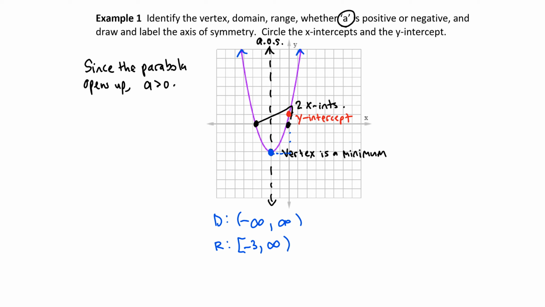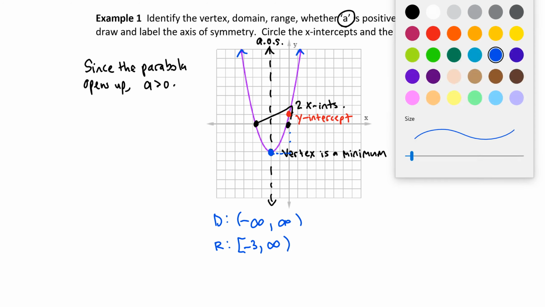One more thing before we move on to the next section. We've considered two orientations of parabolas that open up or down. There are parabolas, by the way, that open to the left or to the right, and we even have parabolas called oblique parabolas that open on a slant. However, those parabolas do not pass the vertical line test.